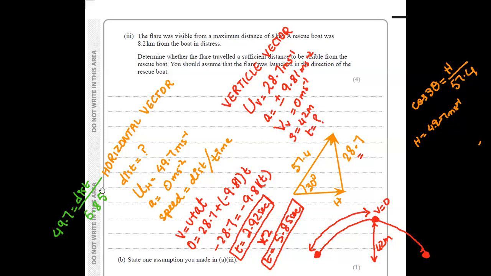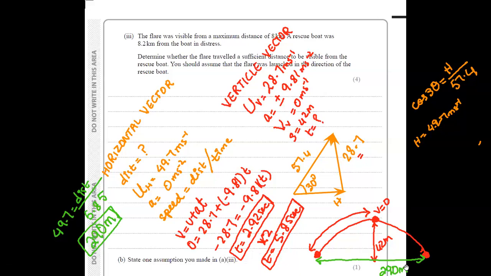It gives me a value of 290 meters. That means the horizontal distance covered by the flare is going to be 290 meters.